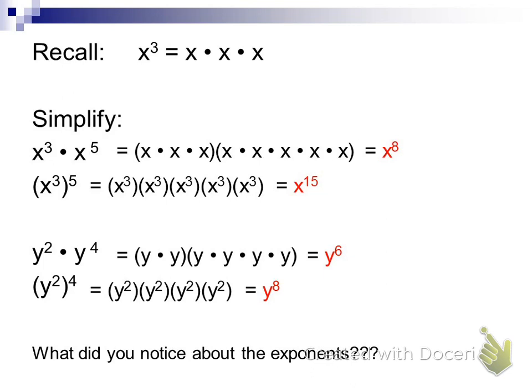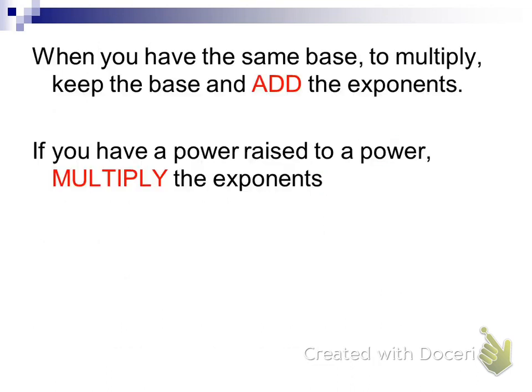So we already sort of talked about this, right? So look to see if it's one base with two exponents or two bases that are alike, each with their own exponent. Any questions? All right. When you have the same base to multiply, keep the base and add the exponents.